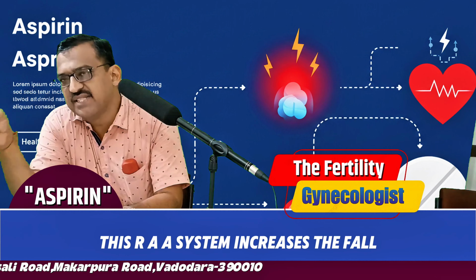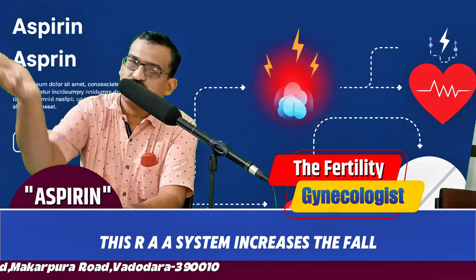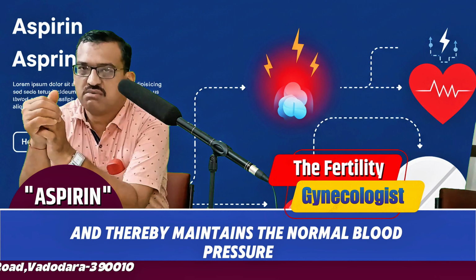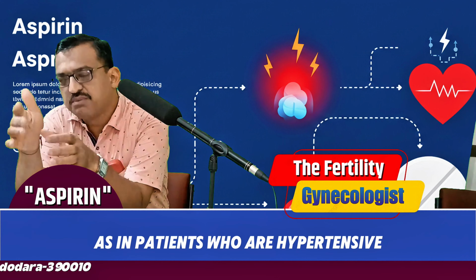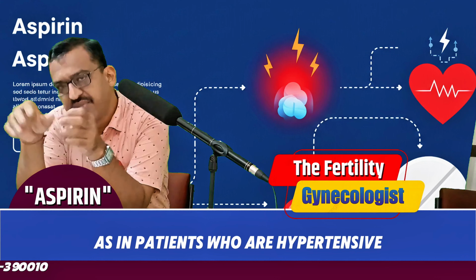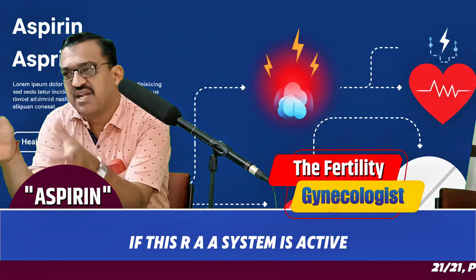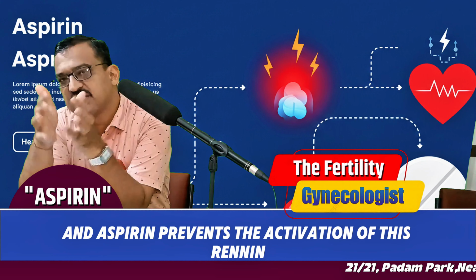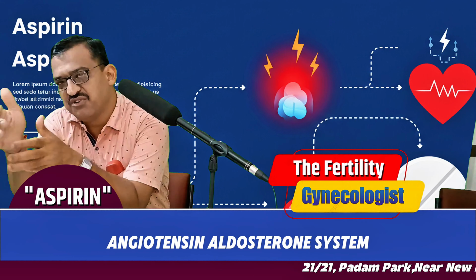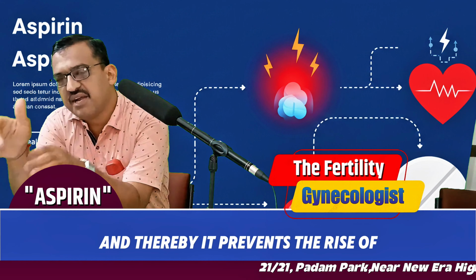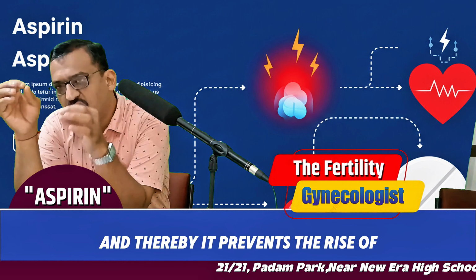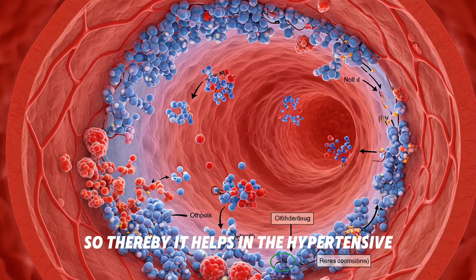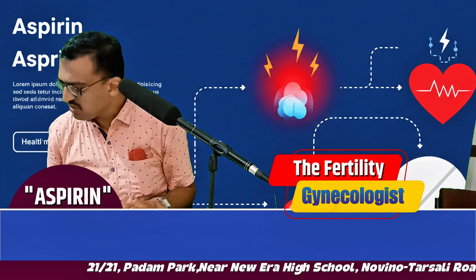This RAA system decreases the fall of blood pressure and thereby maintains normal blood pressure. In hypertensive patients, if this RAA system is overactive, the blood pressure would shoot up. Aspirin prevents the activation of this system, and thereby it prevents the rise in blood pressure at night. So it helps hypertensive patients.